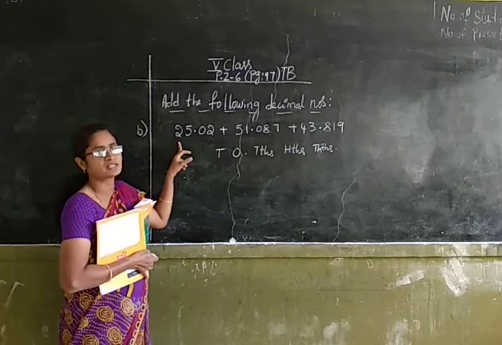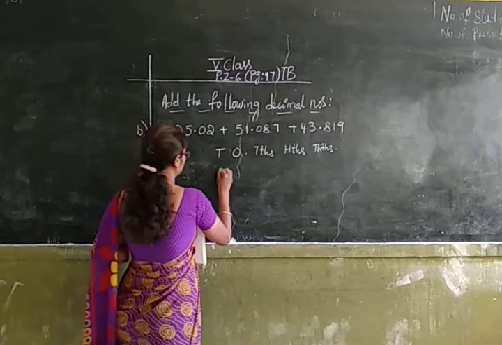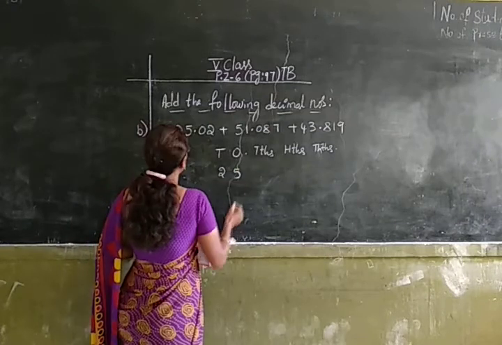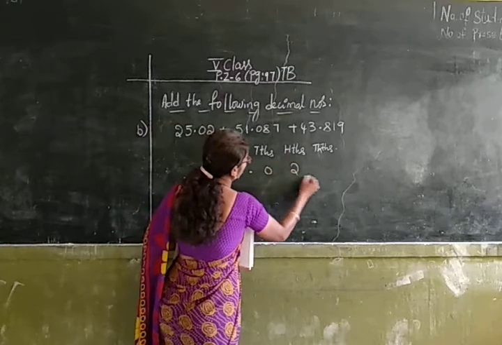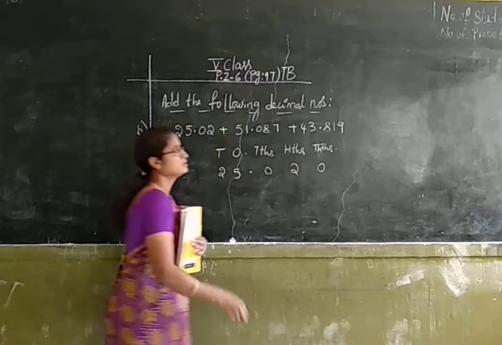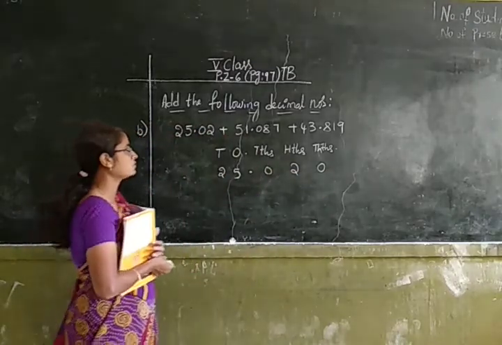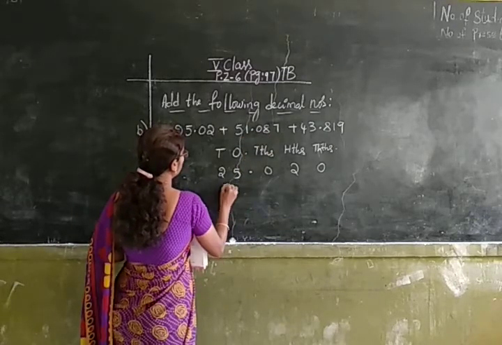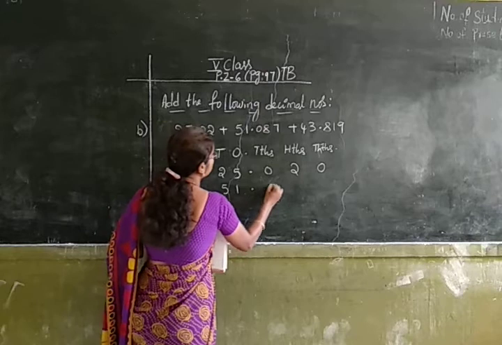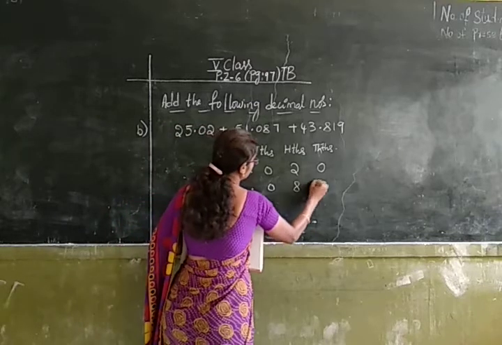The first number starts from the tens place. So let us write down the number 25.02. Thousandths place is not given, so let us write down 0 in the thousandths place. Now let us arrange the second number, 51.087.